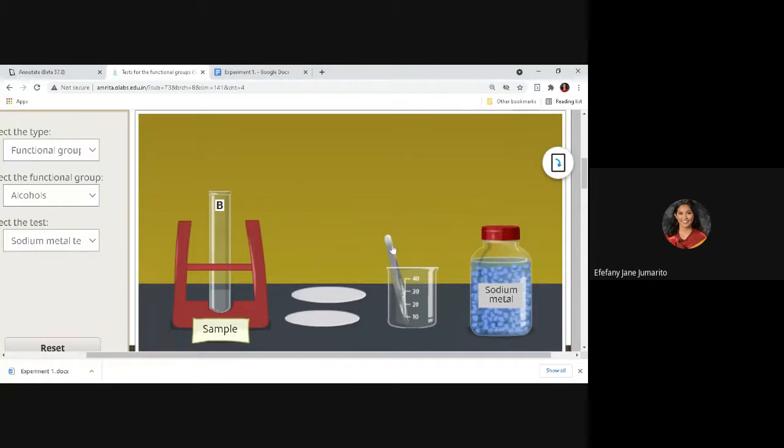What do you call this one? This is your forceps. So then we put it.